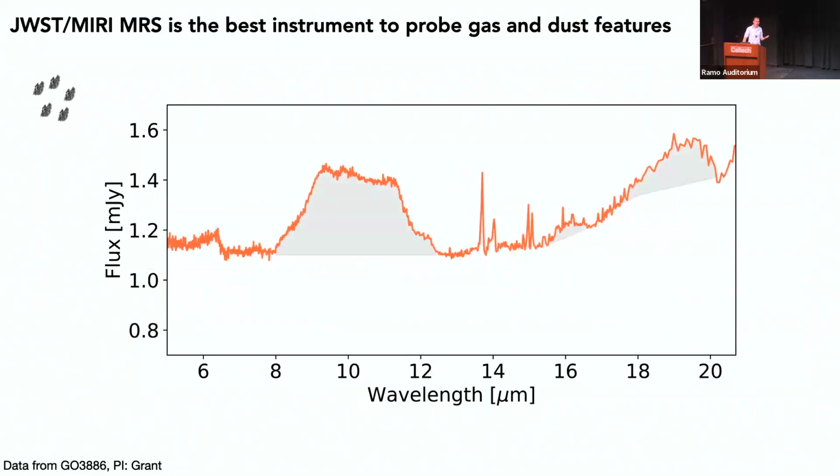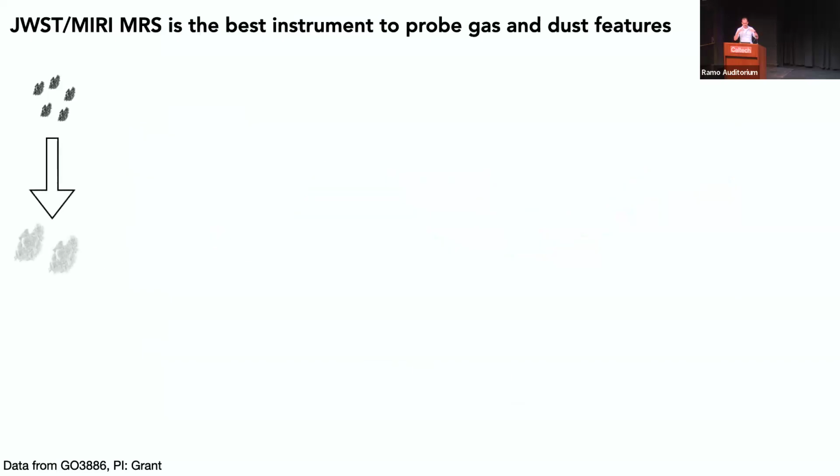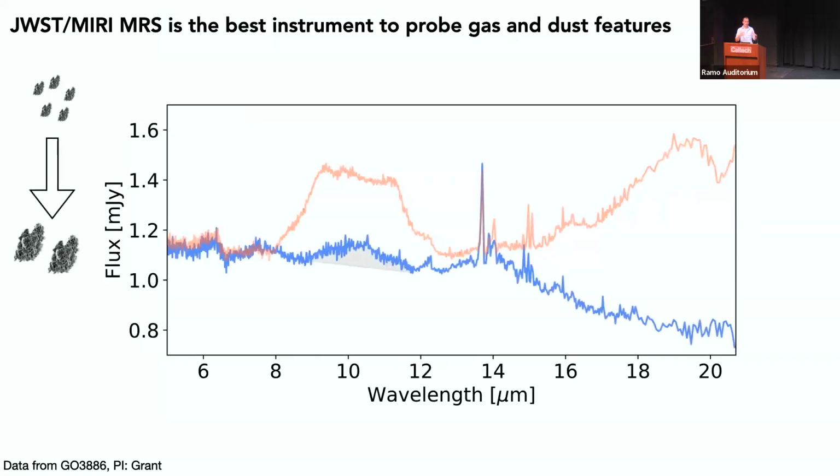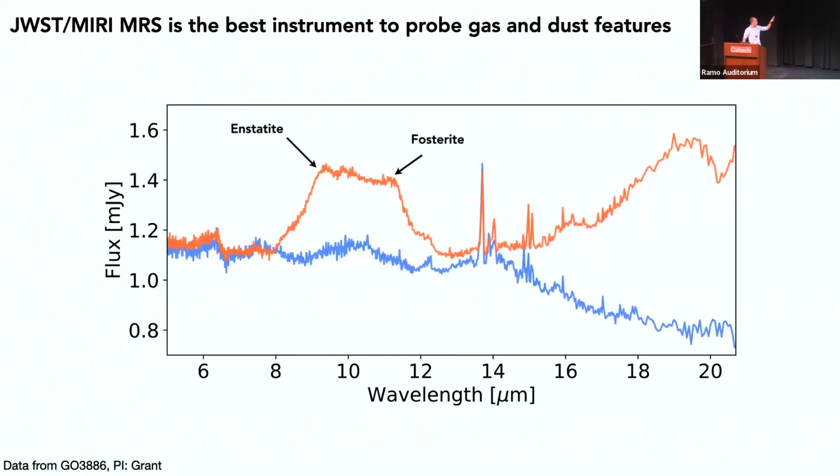When the dust is small enough, it produces this type of features in the spectrum. And when the dust grows, we see this feature disappearing with the growing dust. So we are directly probing the dust growth in the disk. Additionally, we have a bunch of peaks that we can use to infer chemical composition and crystallinity of the dust. And finally, the overall trend and slope of the mid-infrared spectrum tells us something about settling and flaring and the overall structure of the disk.